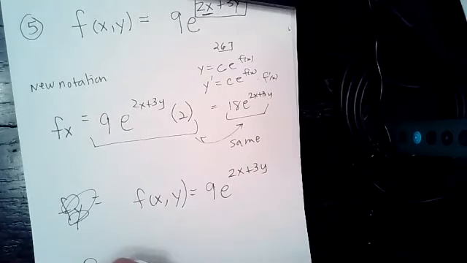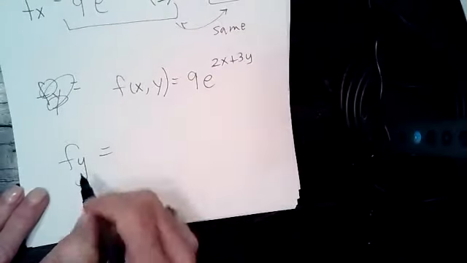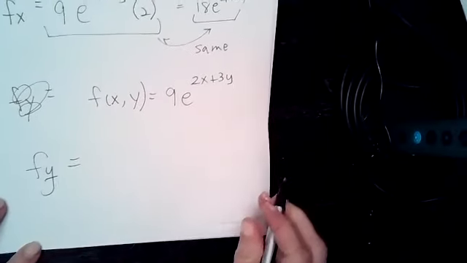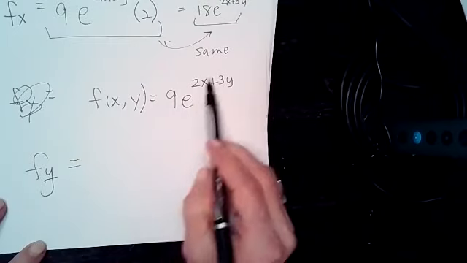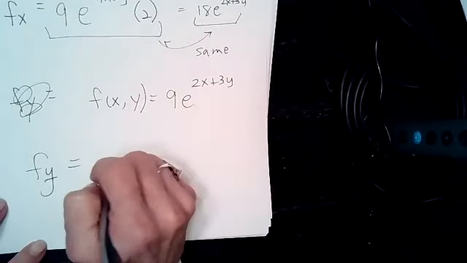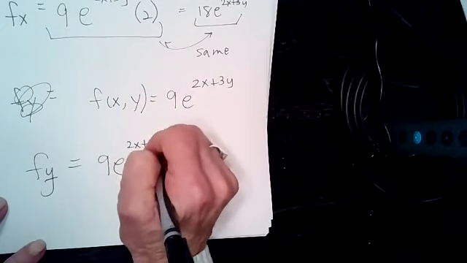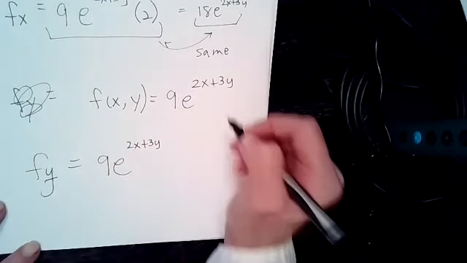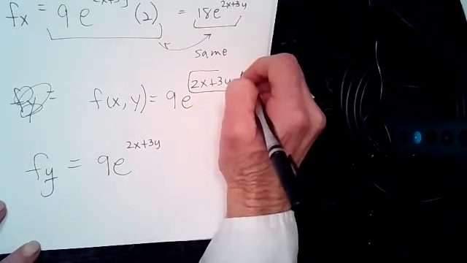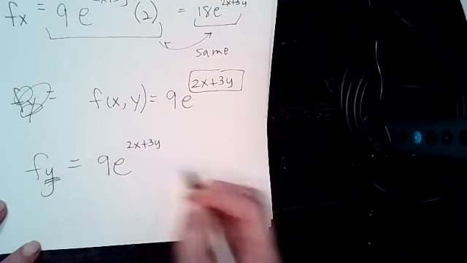Okay, and my favorite notation means find the first partial derivative of f with respect to y. So it's a constant times e to a power, so it's going to be the constant times e to the power. The exponent on e never changes, but we have to multiply it by the derivative of the power with respect to y.